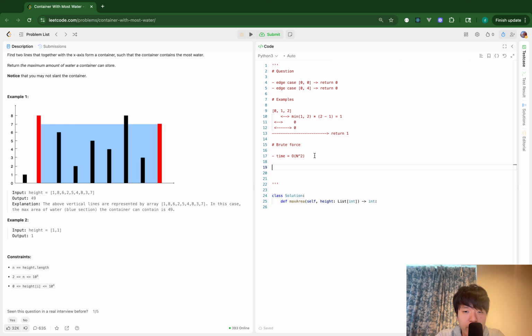But probably I can optimize it. When I take a look at this formula again, let me write it here. I think I can say something.